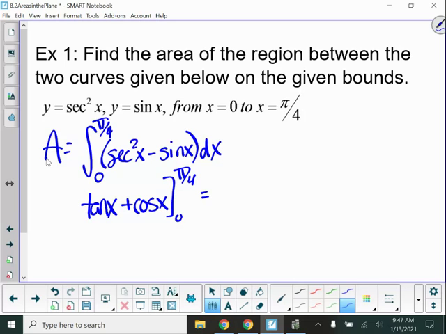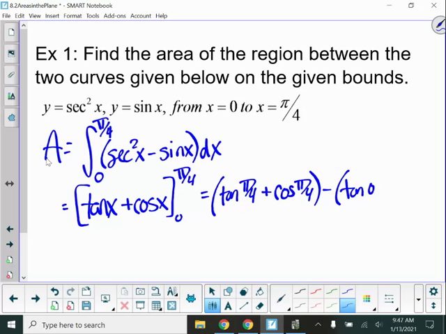So that is going to be the tangent of pi over 4 plus the cosine of pi over 4, minus the tangent of 0 plus the cosine of 0. Tangent of pi over 4 is 1. Cosine of pi over 4 is the square root of 2 over 2, or 1 over the square root of 2, whichever you want to use.